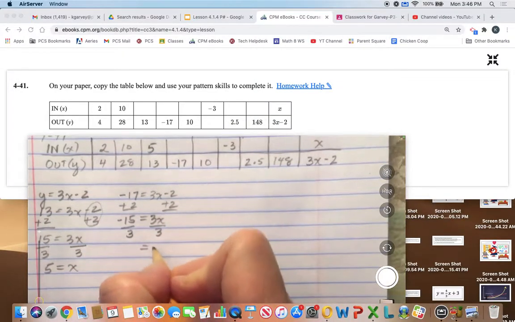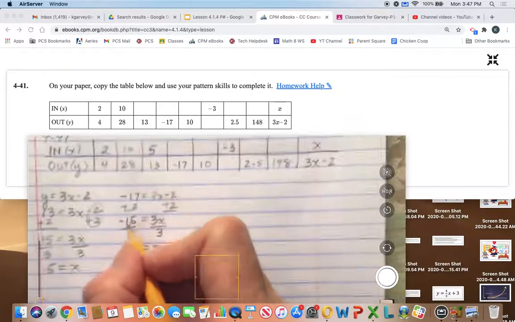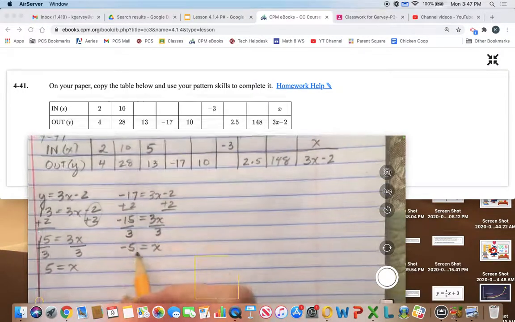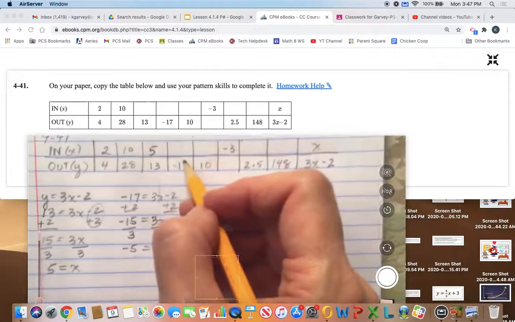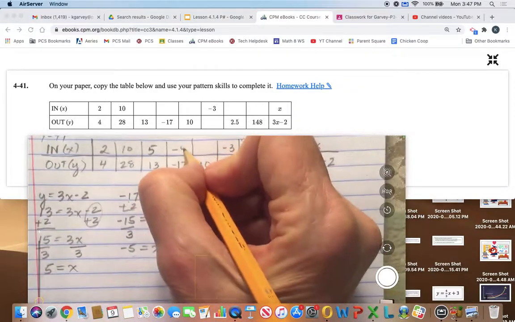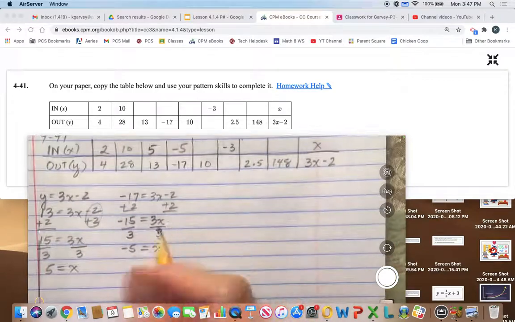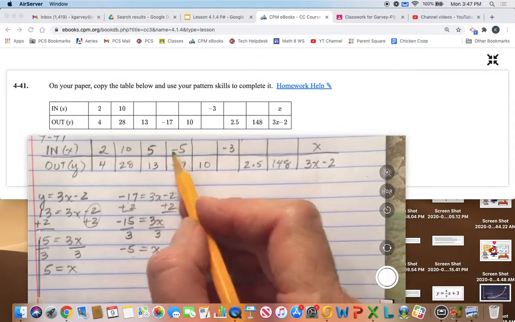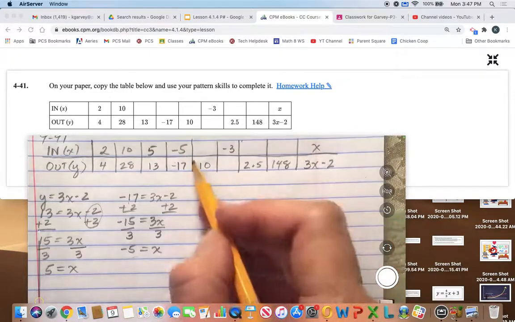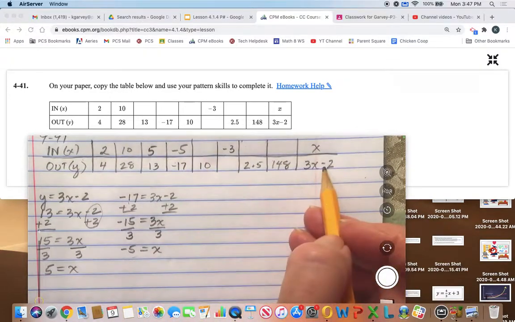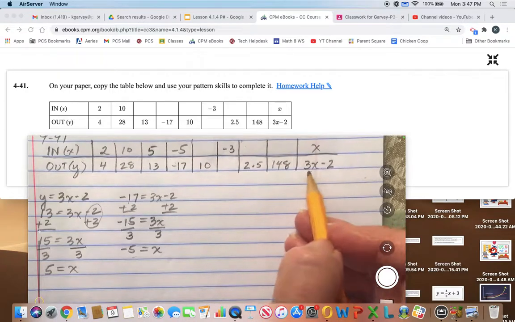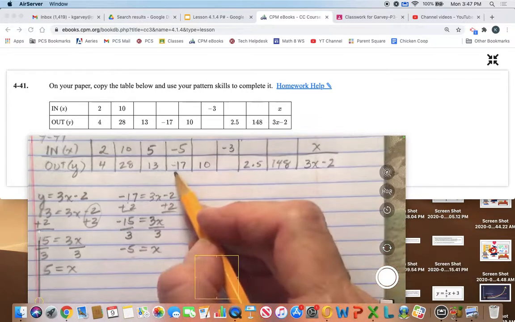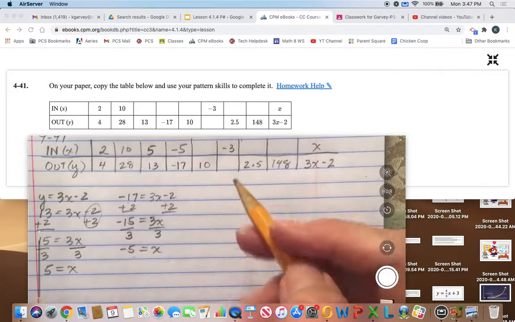And so now we just have x here, and negative 15 divided by 3 is negative 5. So now we know that for this y value, it's negative 5 for an x value. And we can check that by just doing the opposite. 3 times negative 5 is negative 15, minus 2, or adding in another negative 2, would be negative 17. So we can see this works.